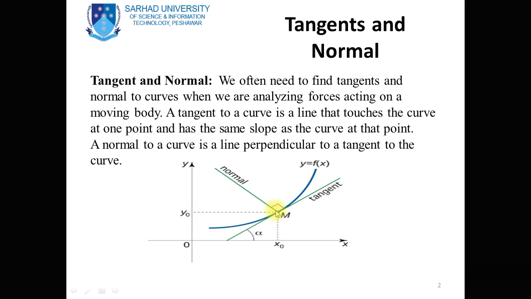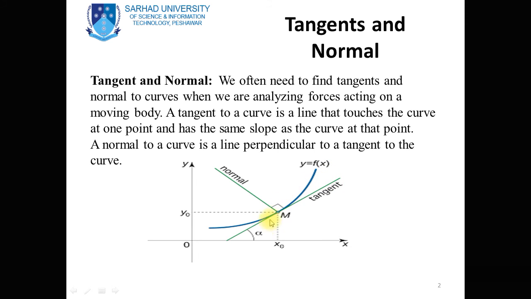The tangent line touches the given curve. This is the curve of the given function, and when we draw the graph of the given function, this curve will be obtained. We need the equation of the tangent line to this curve.